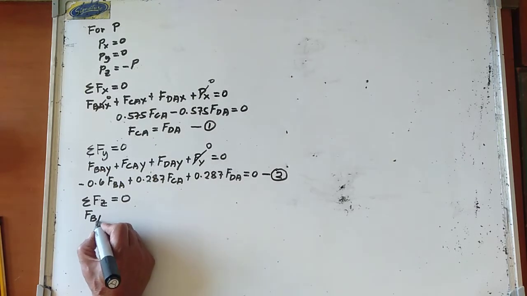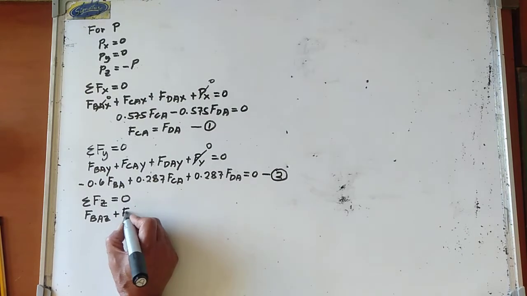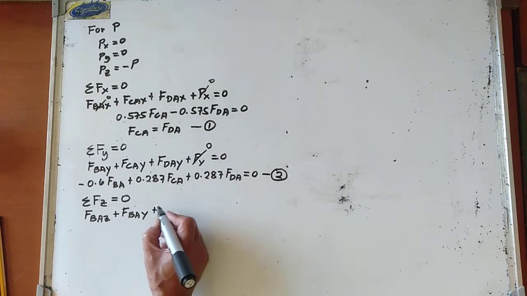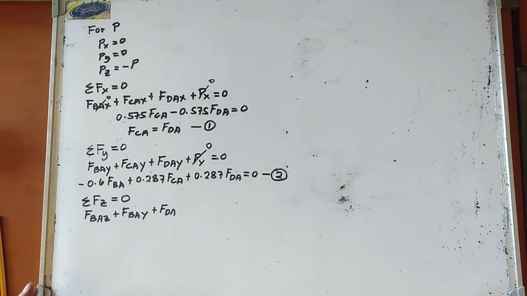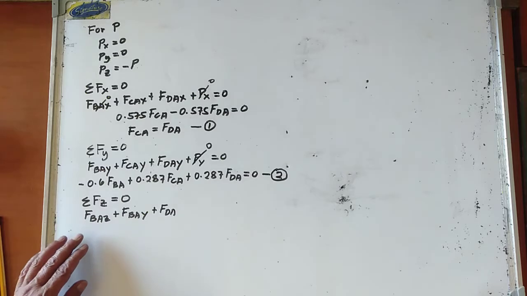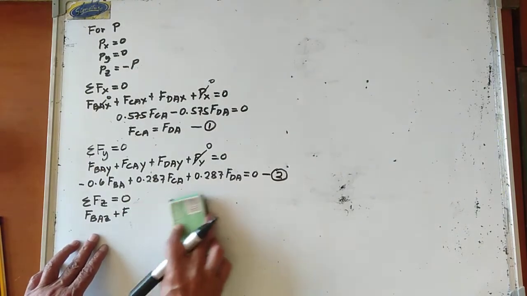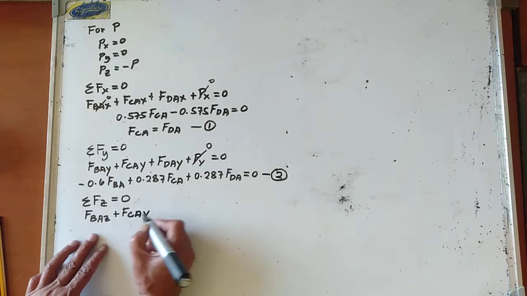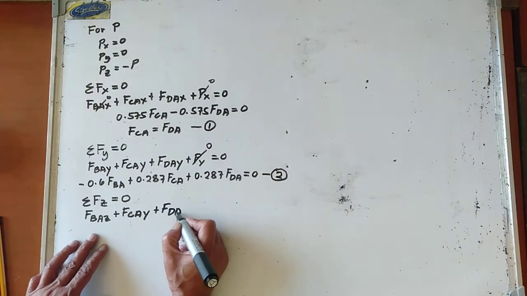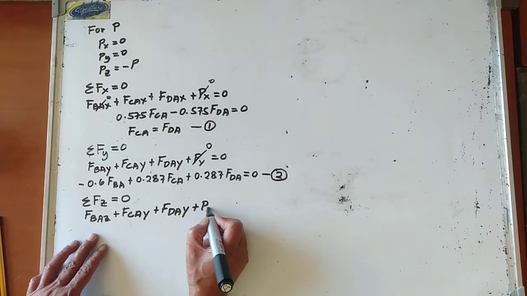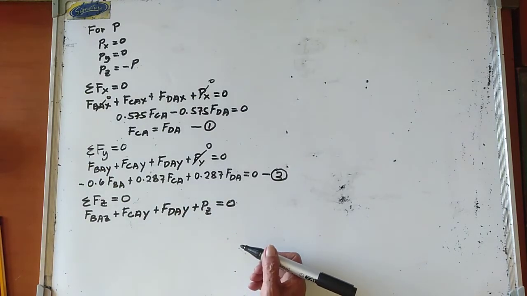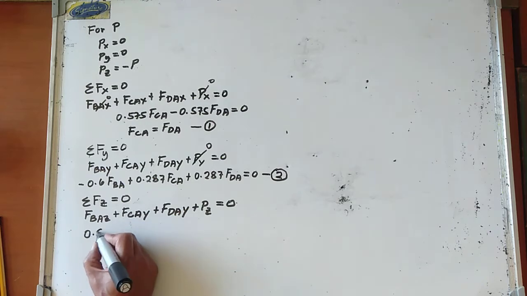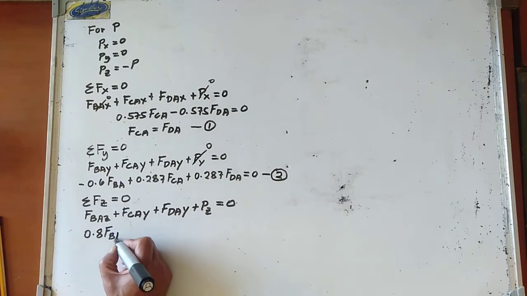FBAz plus FCAz plus FDAz plus Pz is equal to 0. Now, your FBAz is 0.8 FBA.